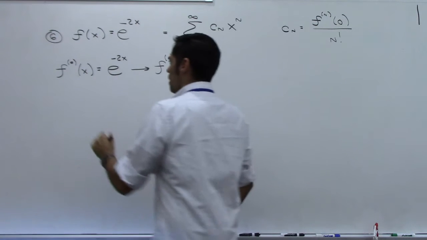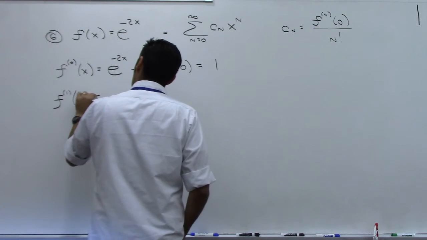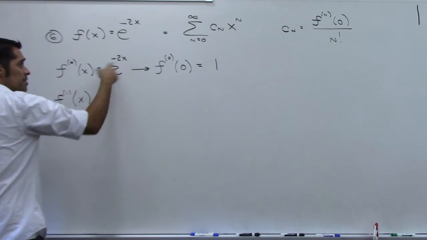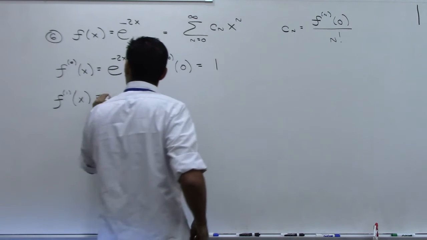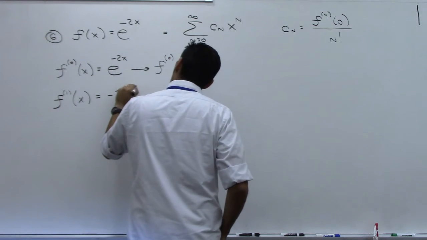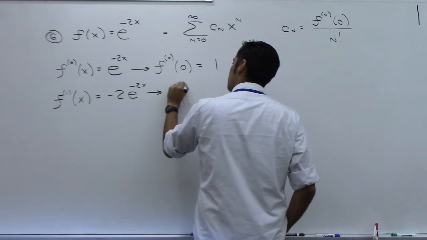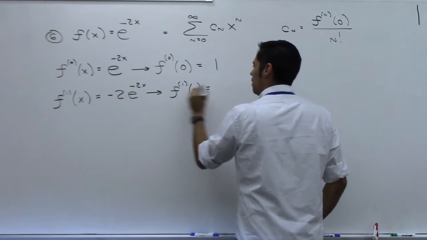Now let's take the first derivative. I have a little bit of chain rule to do here. The derivative of e to the negative 2x is itself, but then times negative 2, the derivative of the exponent. So negative 2 e to the negative 2x. If I now plug 0 in, this is going to be 1, and I just get negative 2.